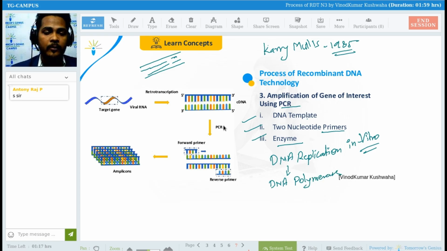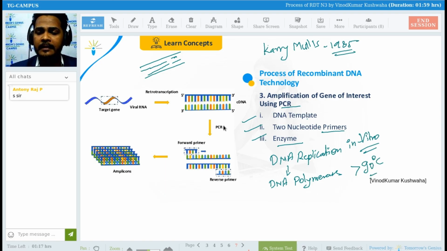This DNA polymerase is stable at high temperature, greater than 90 degrees Celsius, and is required to carry out the synthesis of the new strand.